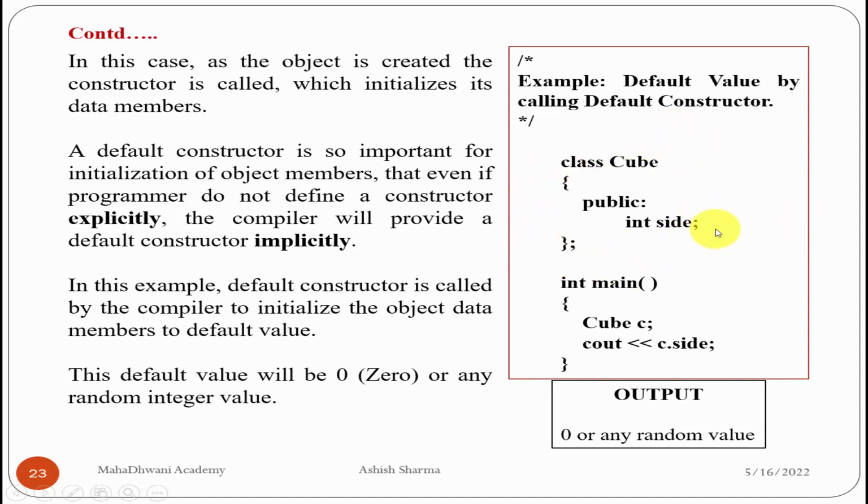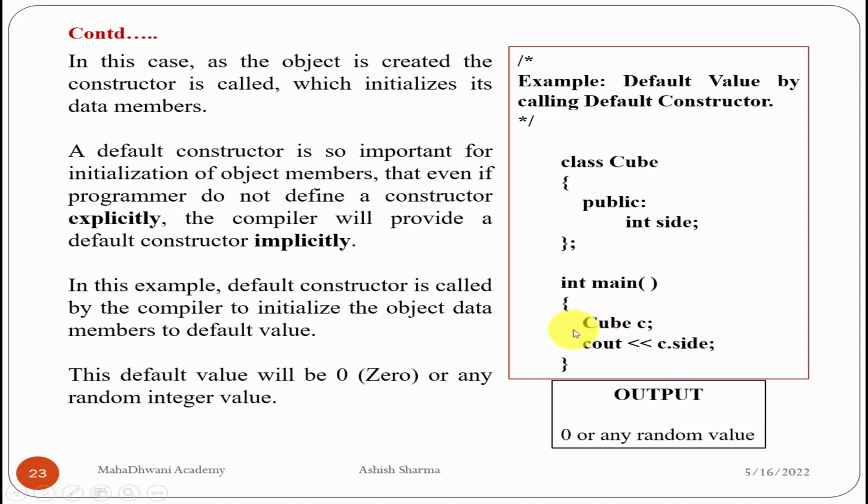We didn't write any constructor definition inside the class. Int main: inside the main body, we created an object of the cube class. After that, cout is used to display the output on the screen. Cout c.side: c is the object name, and side is a data member of the class cube.